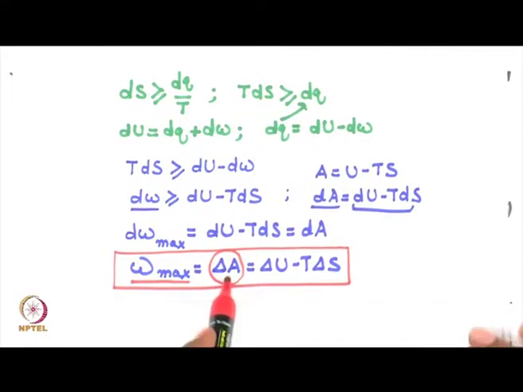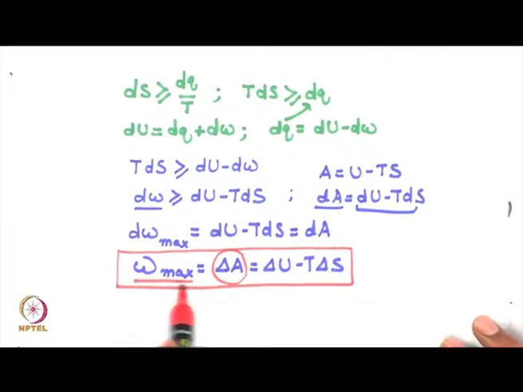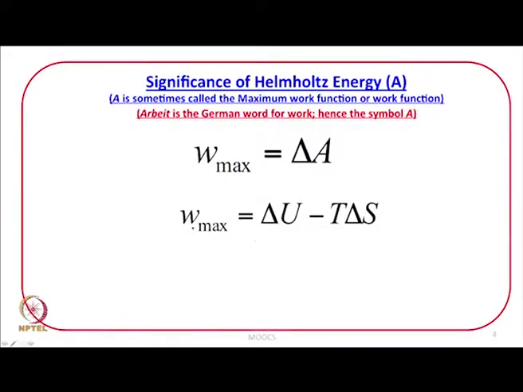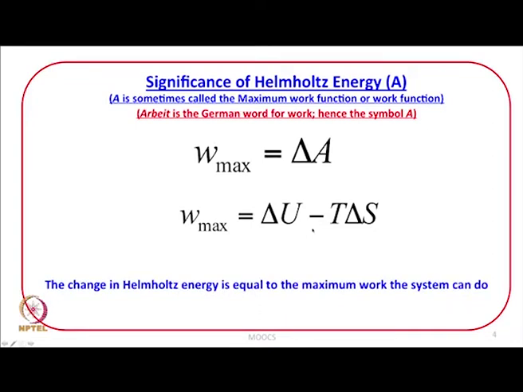And then in order to calculate maximum work, we should act upon the change in Helmholtz free energy. So, W max can be calculated from the changes in delta U and delta S. The change in Helmholtz energy is equal to the maximum work the system can do.